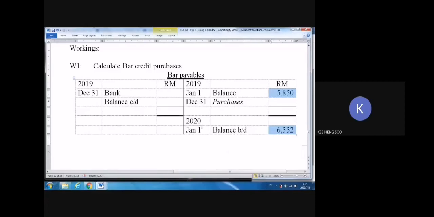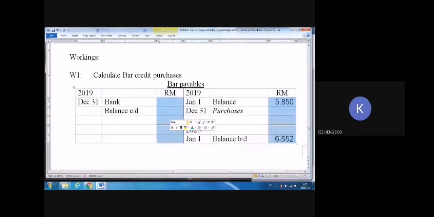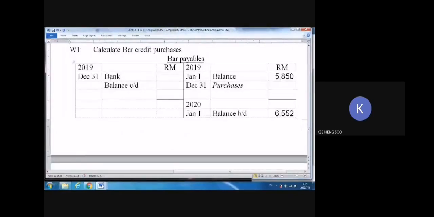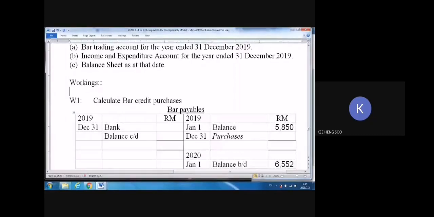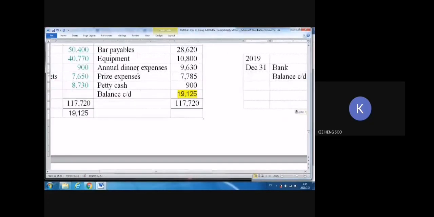So now you just fill out the rest. So this carry down will be here. And how much is the bank? 28620. Do you see that?